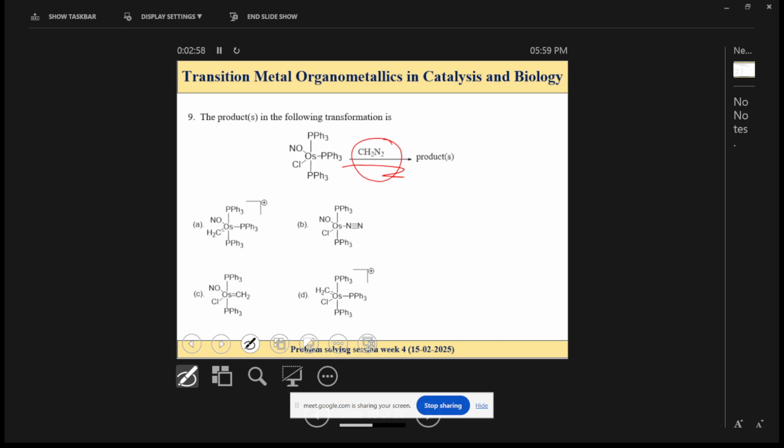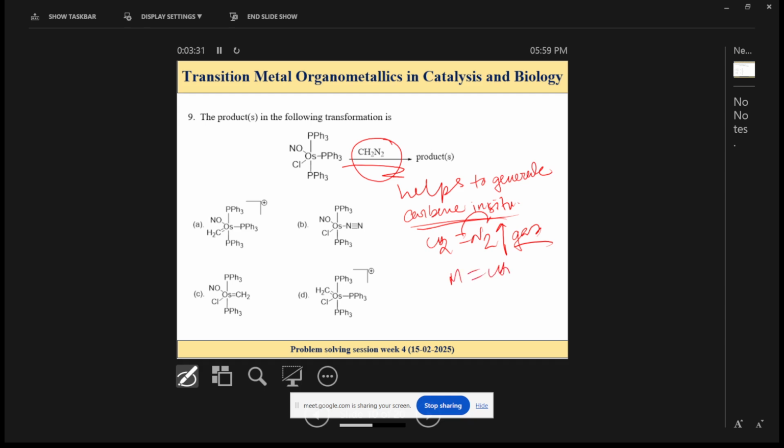It helps to generate carbene in situ, because from CH2N2 the nitrogen will be liberated as N2 gas to generate CH2.